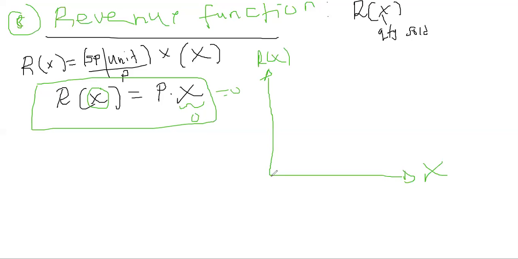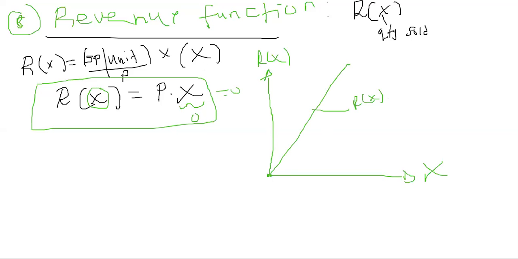So this has to start from the origin. So you will have a revenue function like this. It's another important function in the business world that we should understand. The formula is the selling price per unit times the quantity that is sold.